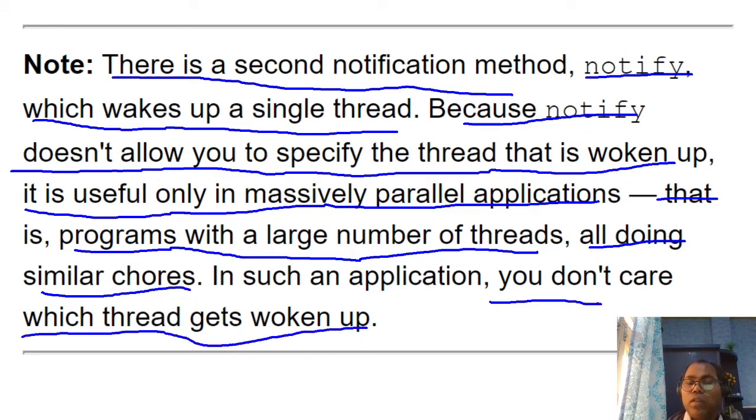Okay, so generally you have two options. Sometimes you want only one thread to be notified, but you don't specify the specific thread, anyone can do. But sometimes you want all the threads to be notified. There are two methods, notify and notifyAll.